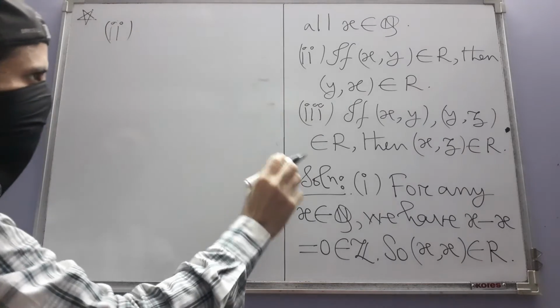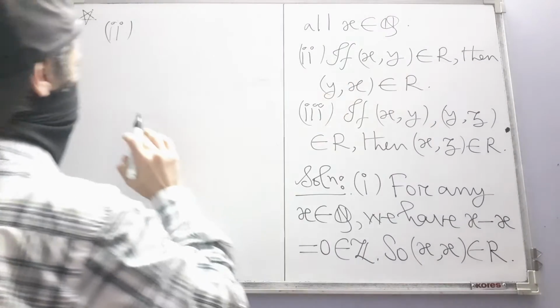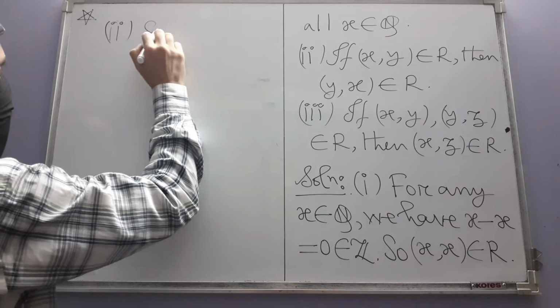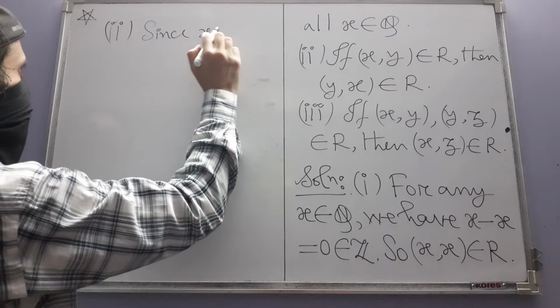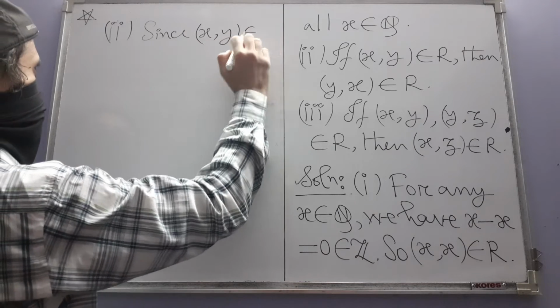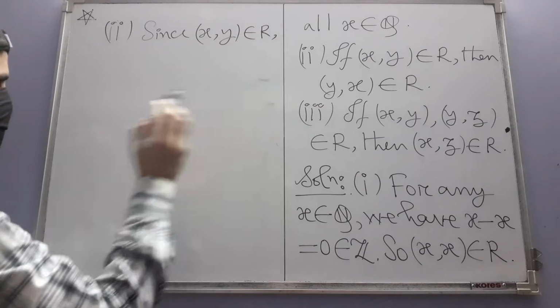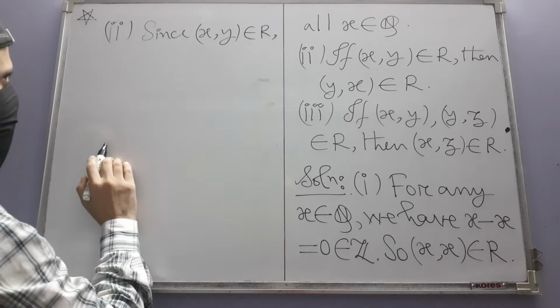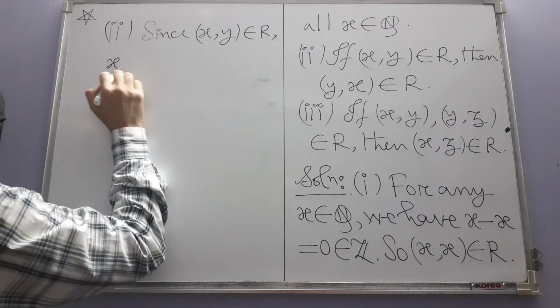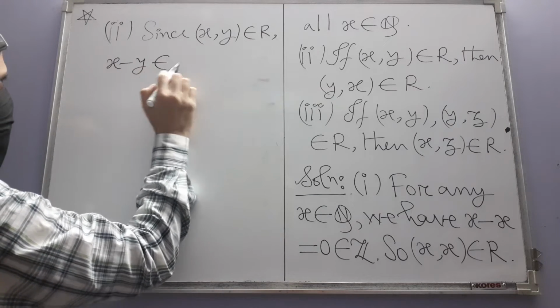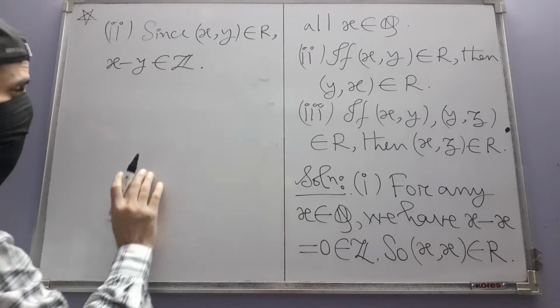Number 2. So it's given that we have this. Since the ordered pair x comma y is in R, by the definition of R, the difference x minus y is an integer.